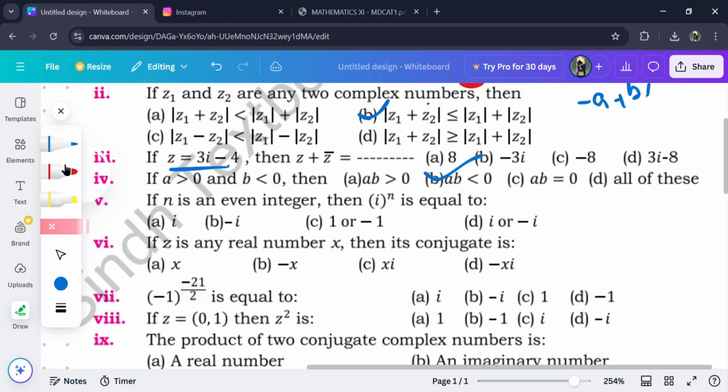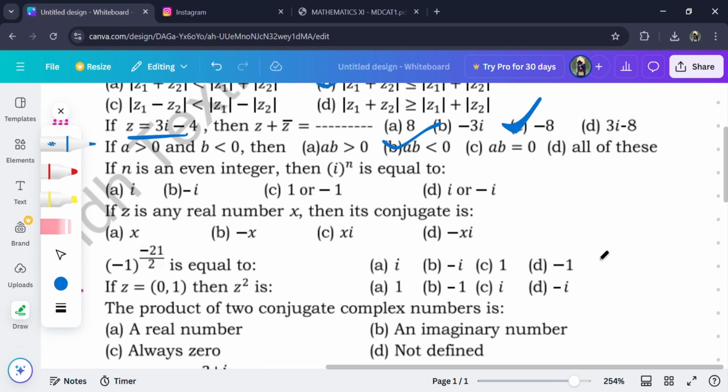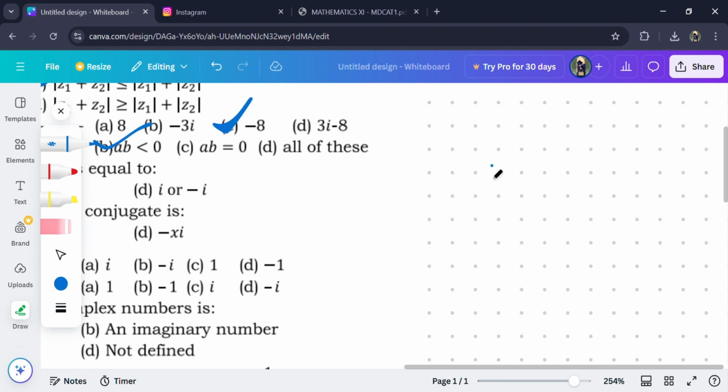This is the concept. Let's get to MCQ number 5, which says that if n is an even integer and iota is equal to, now there are a few conditions that you need to understand. I would always be equal to under root minus 1, while I square is equal to minus 1.